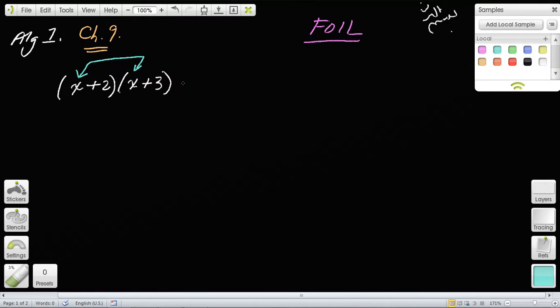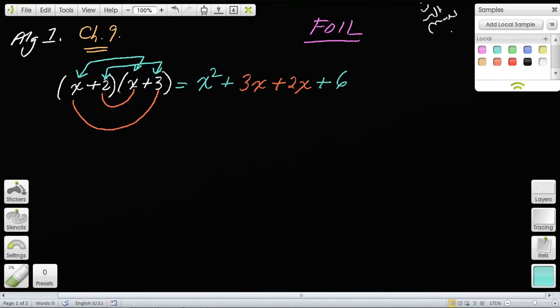So by doing this, we did first, which was x squared, and then we had the outer terms, that's 3x, and then we had the inner terms, which is 2x, and finally we had the last terms, which were these, and we multiplied them together, plus 6, and then we appreciated these two were like terms because they're the same variable, the same exponent, and we combined those like terms, and then we got this.